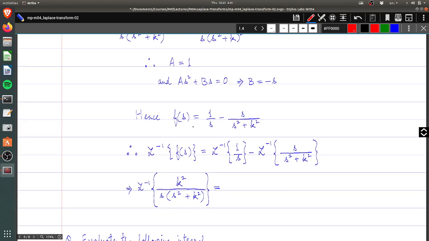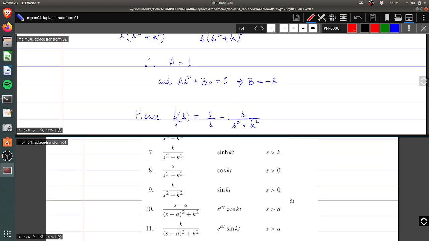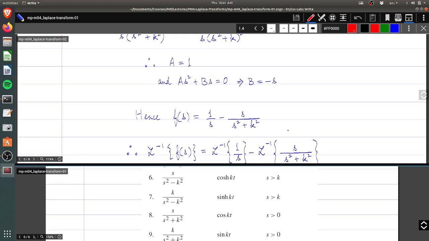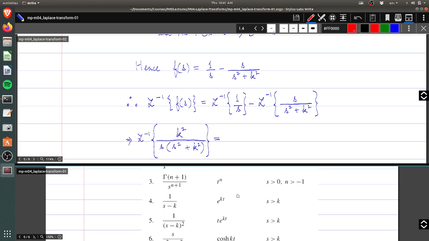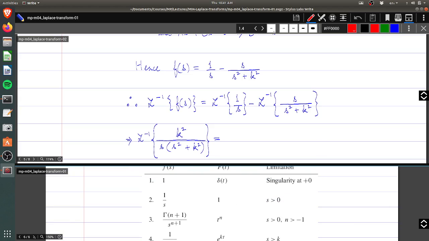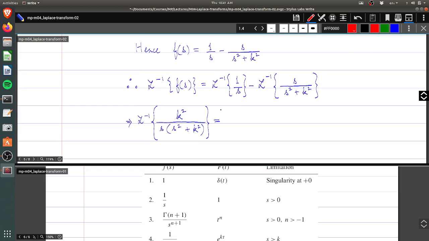Now finding the inverse Laplace transform of this, because we are trying to find out the inverse Laplace transform, the inverse Laplace transform of this is equal to the inverse Laplace transform of 1 by s minus the inverse Laplace transform of s by s square plus k square. This is easy because we can just refer to the table here. So I want to find out the inverse Laplace transform of 1 by s. So just search for 1 by s. Yes, here we have 1 by s over here. You take the inverse Laplace transform, you will get 1.